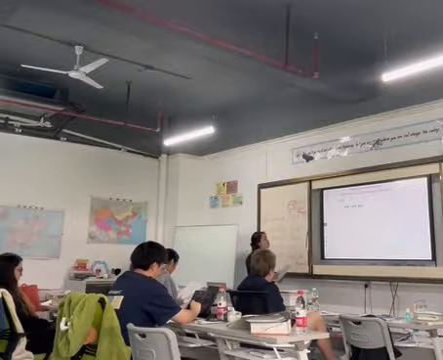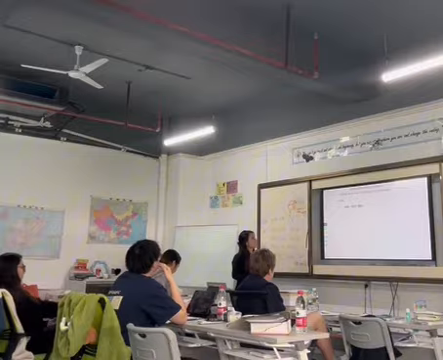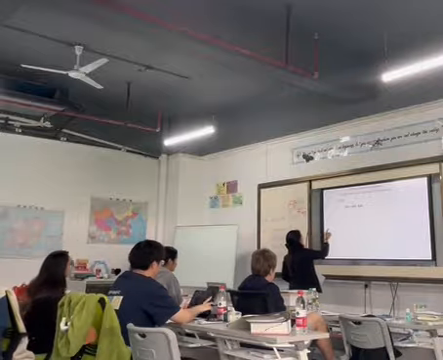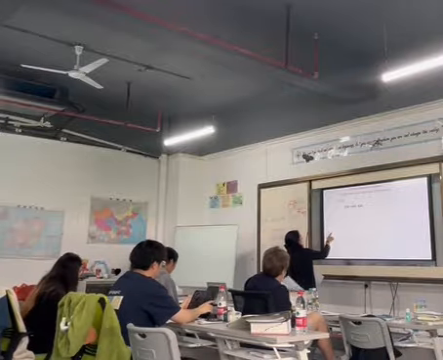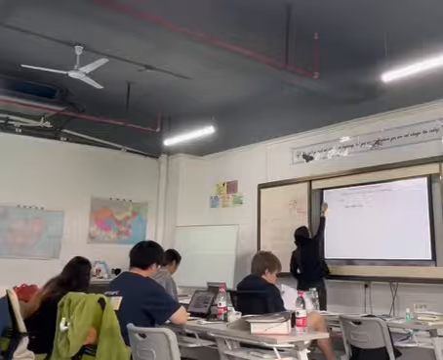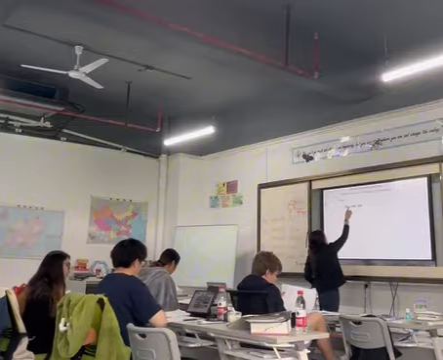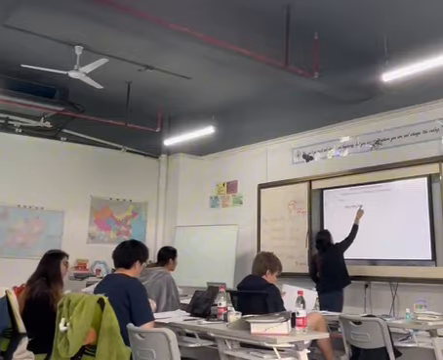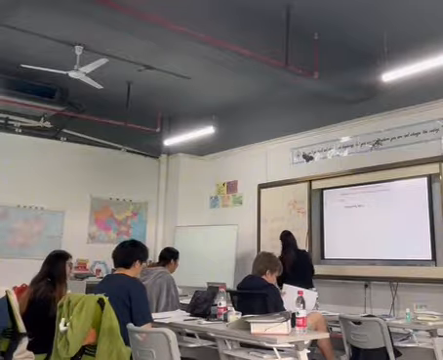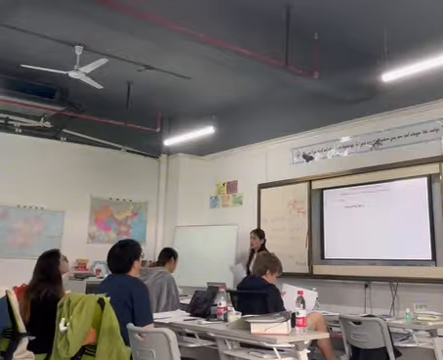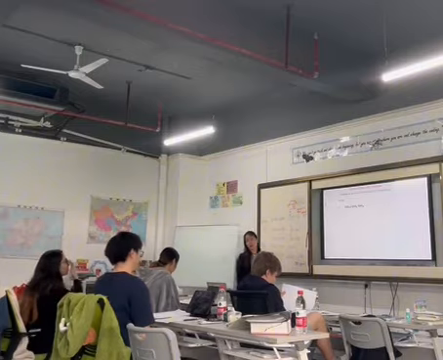So how could we simplify this one? It's just cosine x plus sine x tangent x. Right? So if we are going to simplify this one, how do we do it?